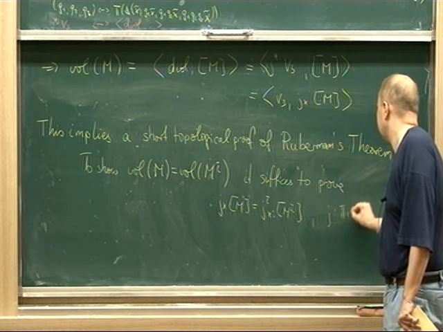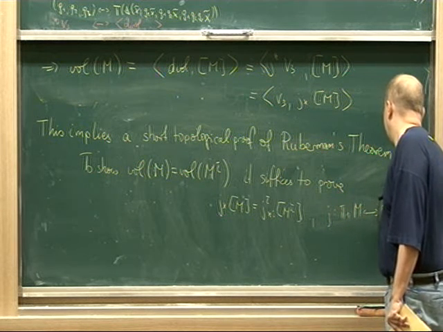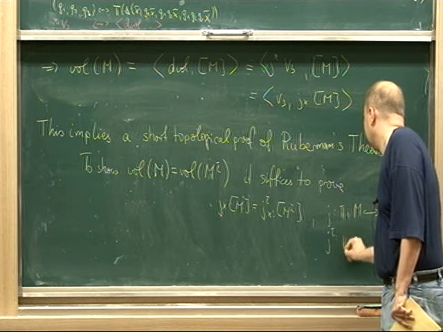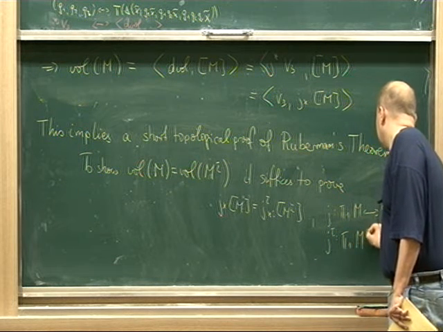J is the inclusion of pi1 and J tau is the inclusion of the other manifold.